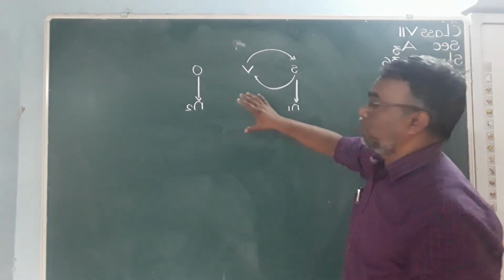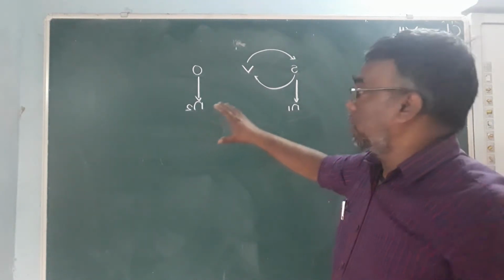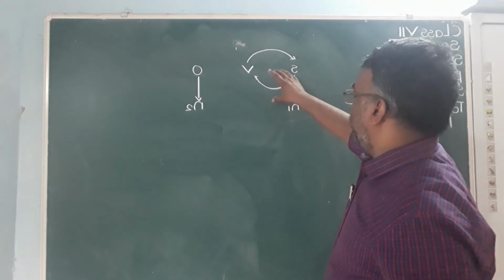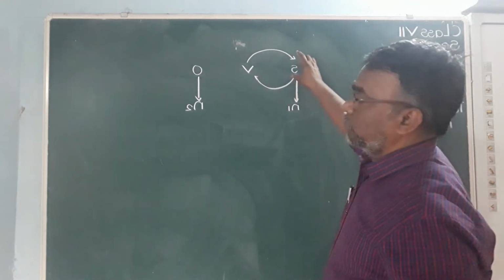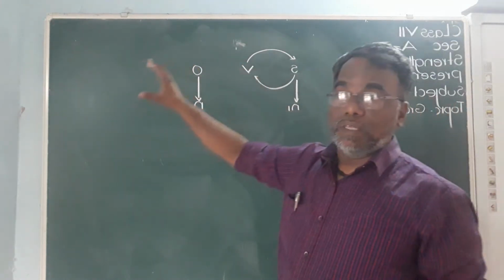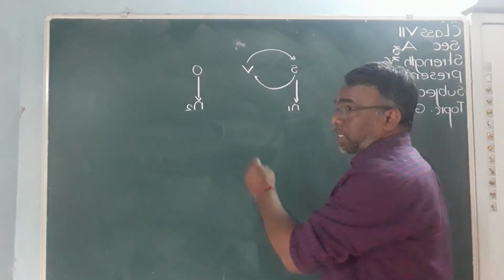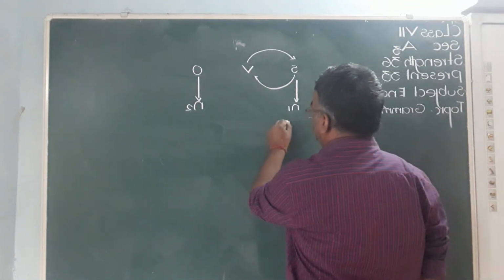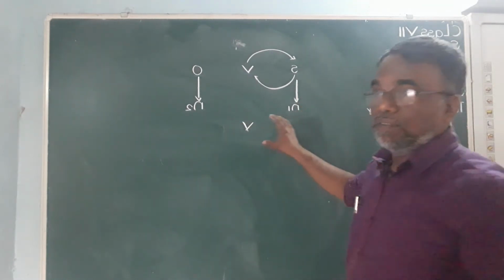Then why is it so? The question may arise in your mind naturally: why will the verb always agree with the subject, and why will the verb not agree with the object? The reason is that there are sentences where there will be only subject and verb.